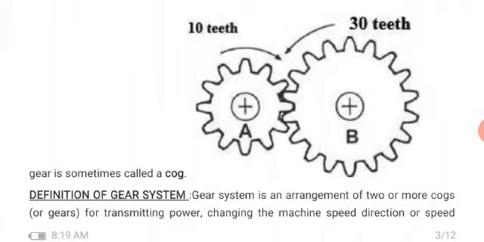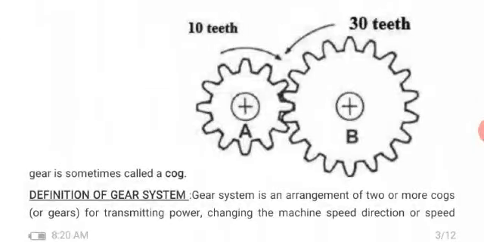Now let's go to the definition of gear system.